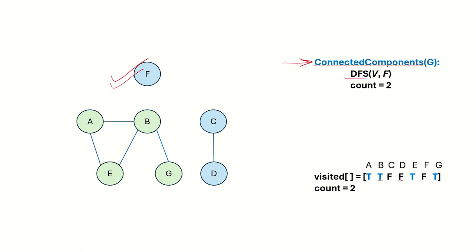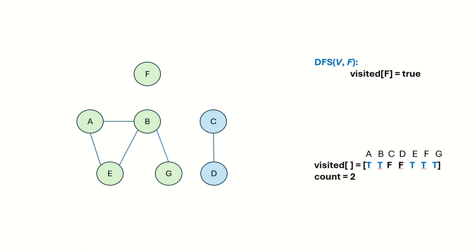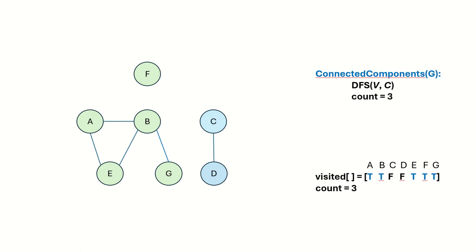So we can call DFS, and now because we are calling DFS from the main algorithm, we can increment the count to 2. So we call DFS on F, so we mark it as visited. So F has been marked as visited now. We check the neighborhood of F, so there is none. So we have to return back to our main calling function, which was connected components. So we go back to that algorithm.